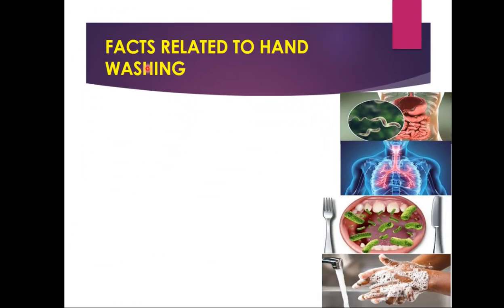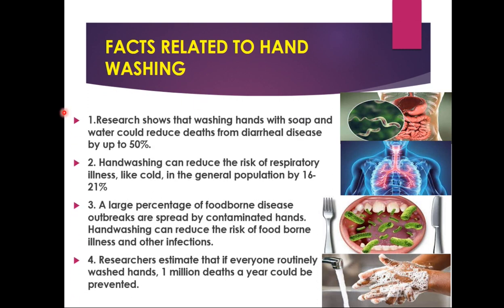Next we will discuss the facts related to hand washing. First, research shows that washing hands with soap and water could reduce death from diarrheal diseases by up to 50%. Okay. Hand washing can reduce the risk of respiratory illness like cold in the general population by 16 to 21%. Clear?